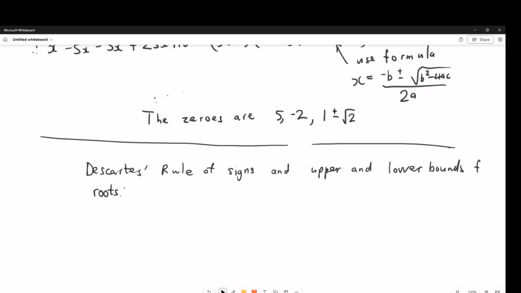Right, upper and lower bounds for roots. So let me just try and illustrate the rule of signs, Descartes' rule of signs, and then we'll discuss the notion of an upper and a lower bound for the roots.